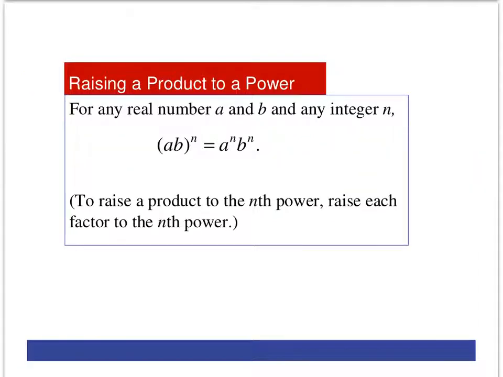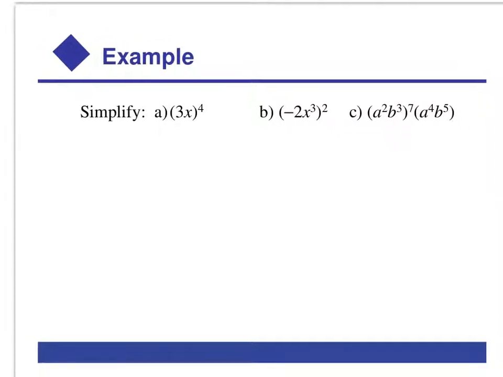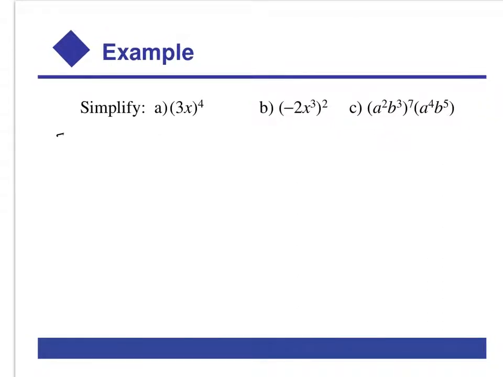Again, when you're raising a product to a power, you're going to distribute that integer all the way through. Everything gets raised. Okay, let's look at A. That's saying 3 raised to the 4th, and then x raised to the 4th.